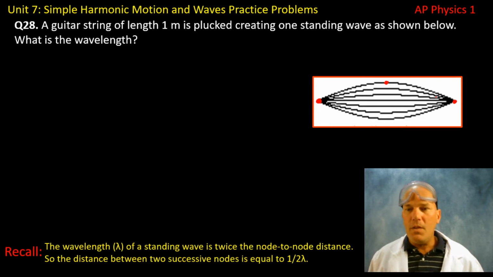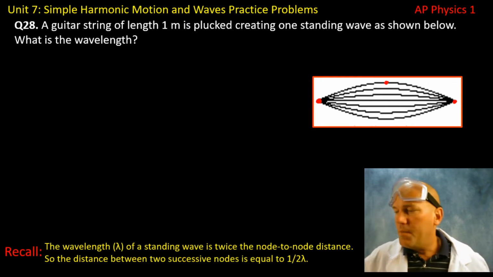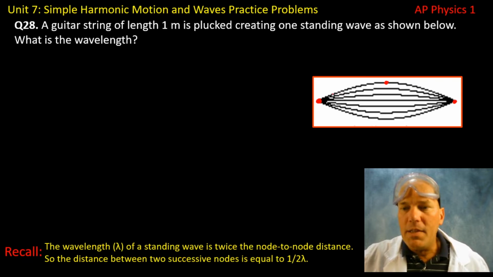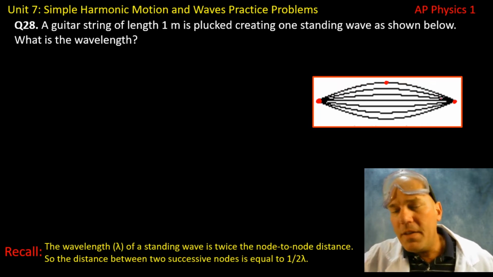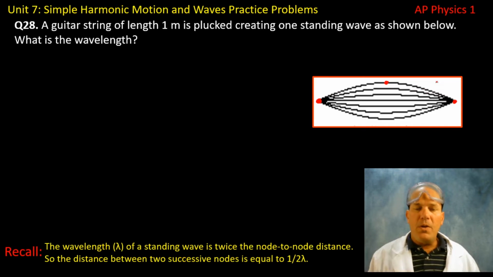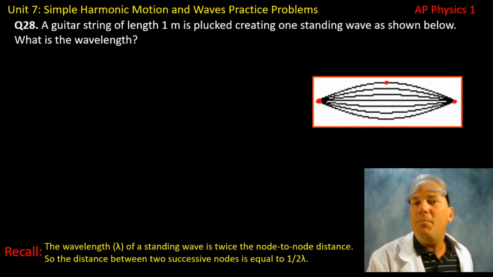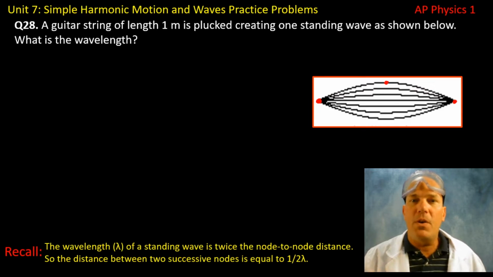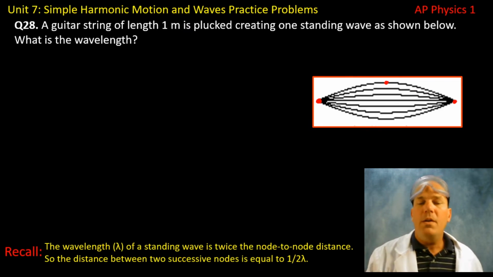Now, just visually, you can see that this is half of a cycle. This is half of a wavelength. So it should make sense that lambda is equal to 2 times the node-to-node length, or 1/2 of the wavelength.